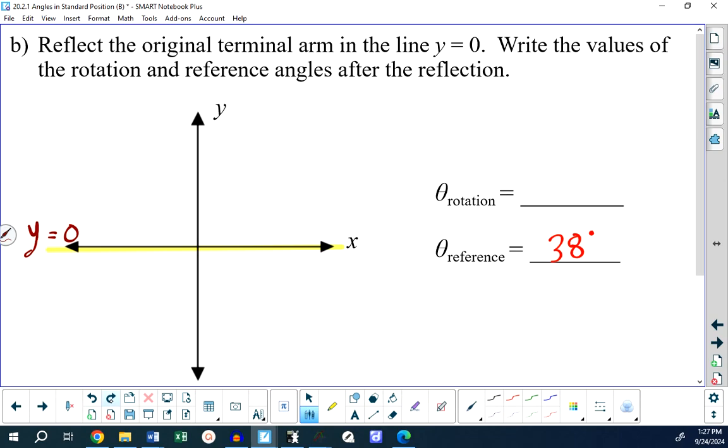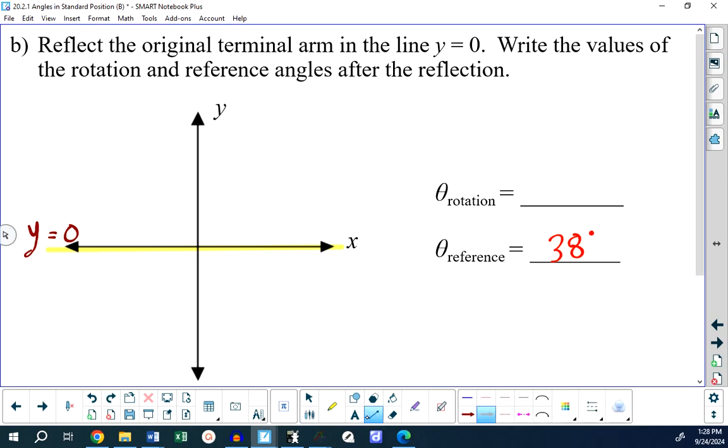I don't think you can really get that out verbally or on paper without carefully thinking about it. The line y equals 0 is a horizontal or x-axis, but when we reflect across the horizontal or x-axis, it's a vertical reflection. Things that are above go below.